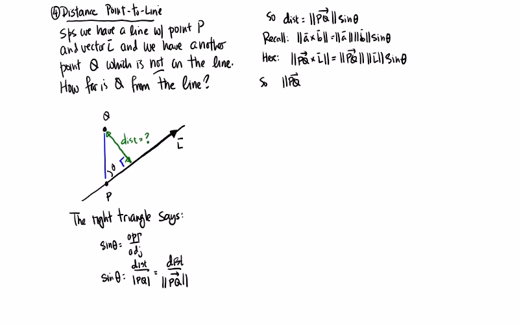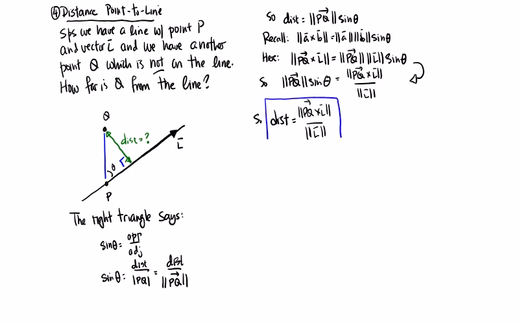So all I'm going to do is divide both sides by the magnitude of L. Right, that follows immediately from here. But that's the distance. The distance is then the magnitude of PQ cross L over the magnitude of L. So that is a formula for the distance from a point to a line, from Q to the line containing P with direction L. That's our formula.